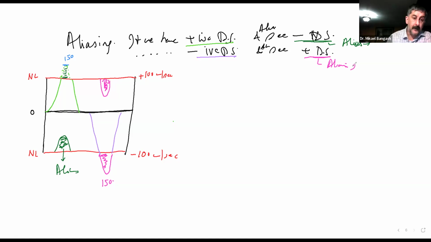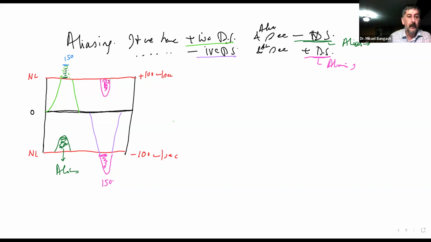Now, something that I haven't said yet, because it's what we will be talking about in this chapter, is that aliasing is not abnormal to see.